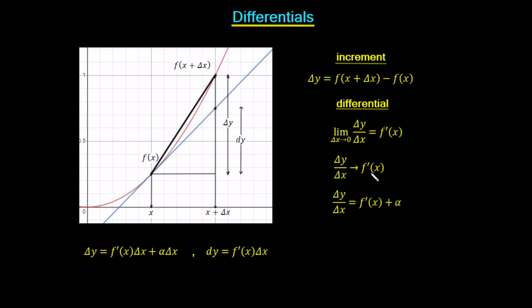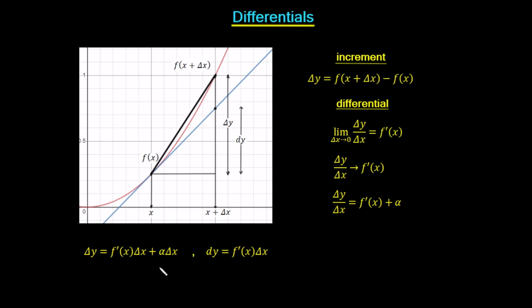Now alternatively, we can take this little equation here and we can multiply both ends by our delta x. So that's going to give us this equation here, which is delta y is f derivative of x times delta x plus alpha delta x.